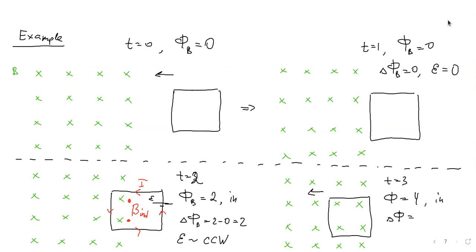By the change, I mean previous and this one, 2, yes, 2. And what will be the direction of the induced EMF? Clockwise or counterclockwise? What will be the direction of the induced current? The same, counterclockwise.